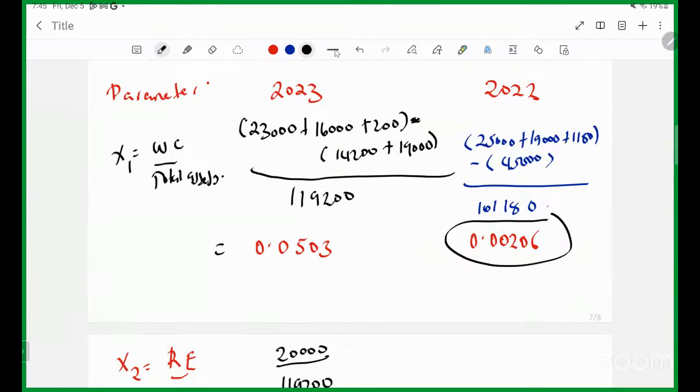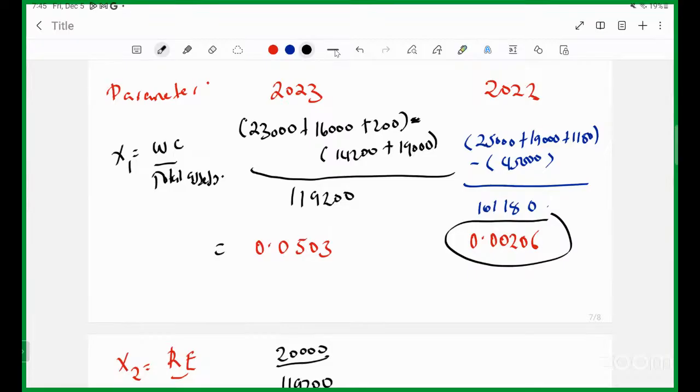Maybe the problem is coming from the computation of working capital. Did you use 25,000 plus 19,000 plus 1,180 minus 45,000? For the working capital, when I take current assets minus current liabilities, I'm having 100.